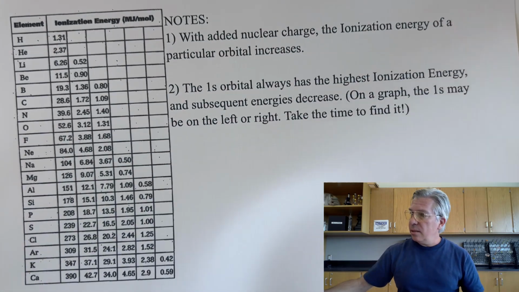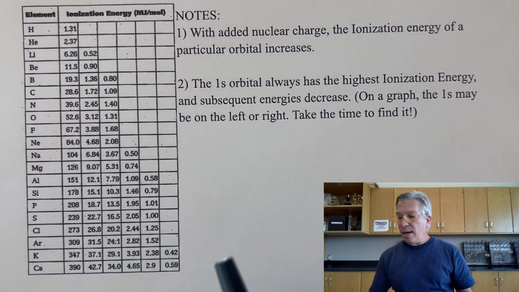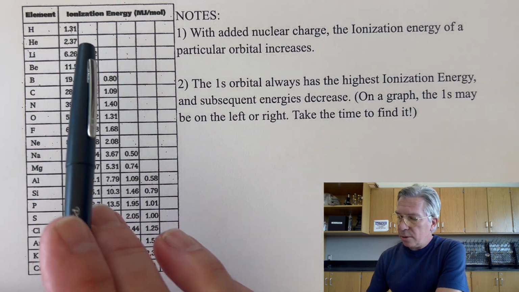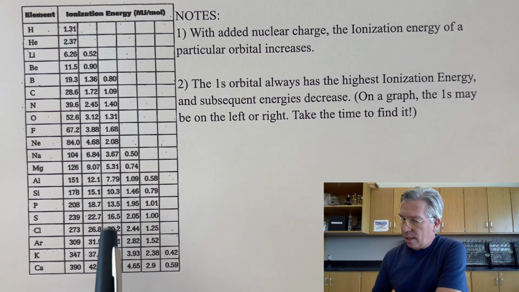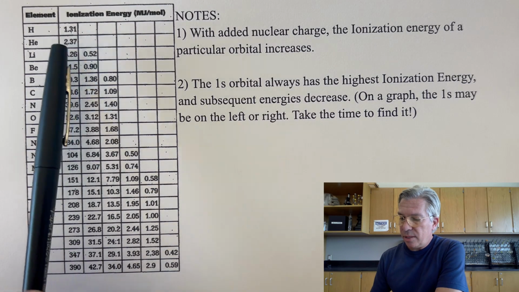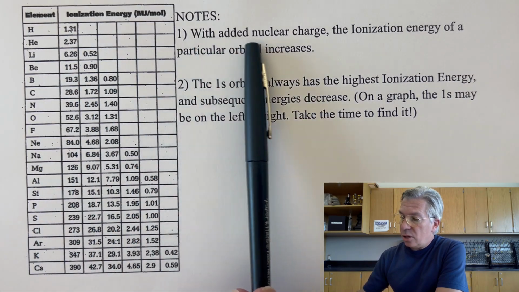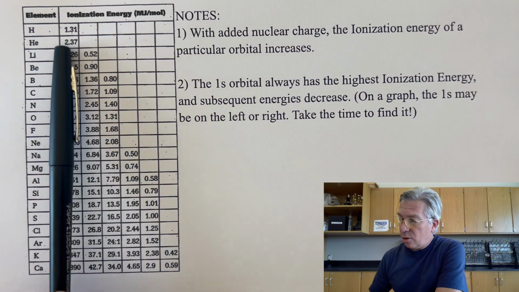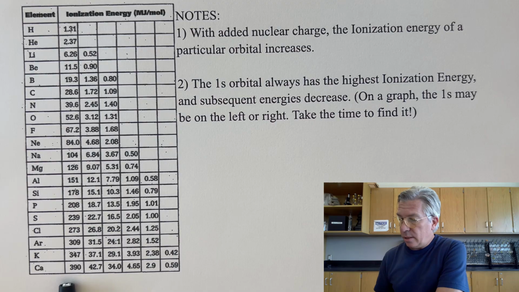Now you might also see data in tabular form. Here we have the megajoules per mole for each of the peaks in these first 20 elements, starting with hydrogen, and we saw it at 1.31, 2.37, and so on. Note that with added nuclear charge, the ionization energy of a particular orbital, these are all the 1s, increases because you've got more protons in the nucleus.